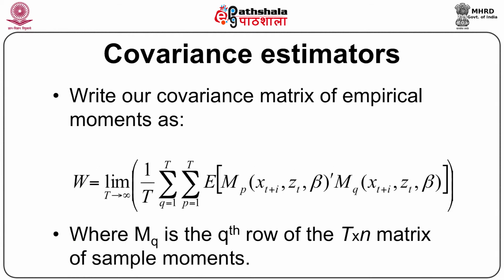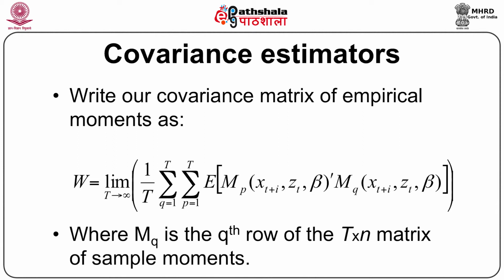Now, let us note that the W matrix, that is the weighing matrix, can be written as limit t tends to infinity 1 by t. This is a double sum. One is q running from 1 to t and another is p running from 1 to t, of mp xt plus I z t beta prime mq xt plus I z beta.